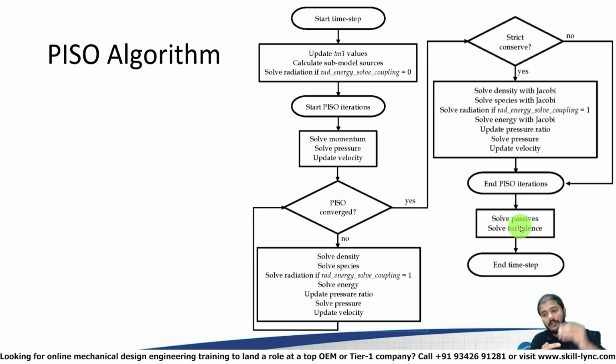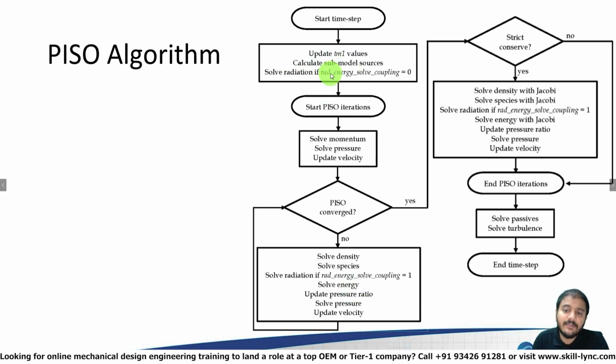But what you're doing is solving only for the velocity components, and after a small delay you're solving the turbulence parameters. This delay, during which the velocity terms in the nonlinear part and the turbulence part are held constant, is called linearizing. All right, I hope that makes sense. And then once you solve for turbulence, that's basically it. You end the time step and then you go to the next time step and you repeat the process.